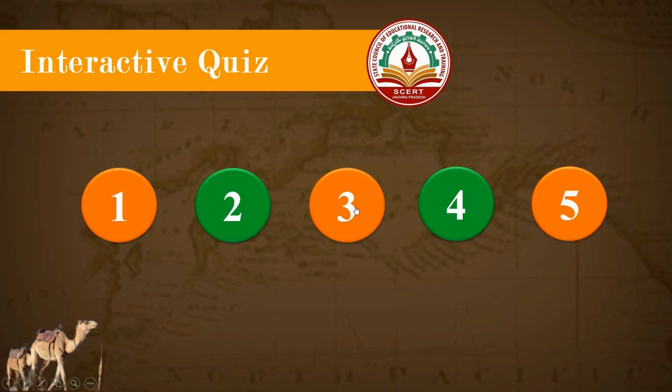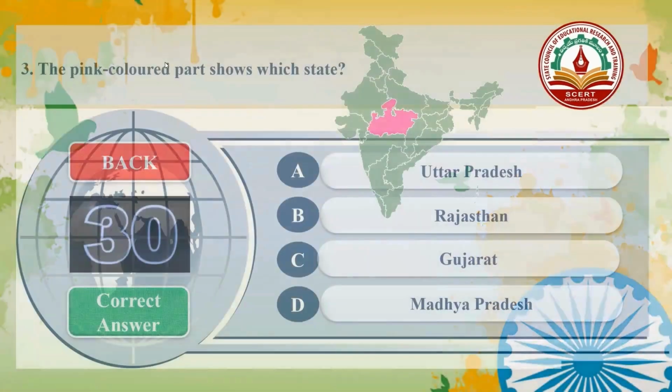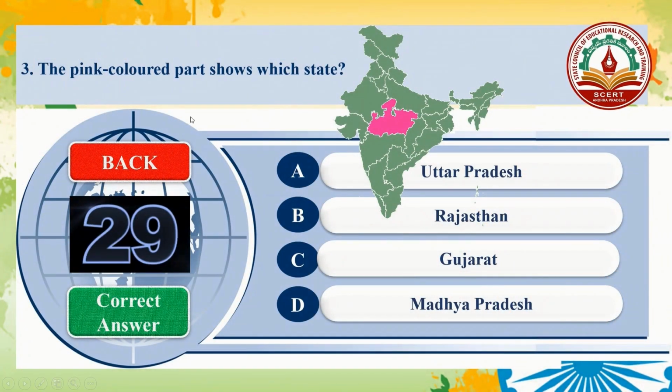I click on number 3. This is the multiple choice question with 4 options and with timer. The pink colored part shows which state.